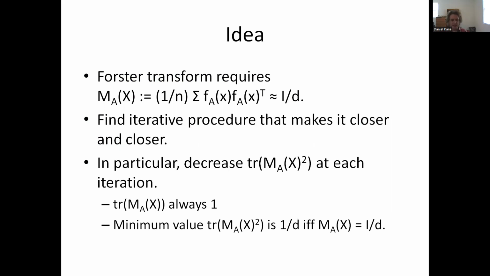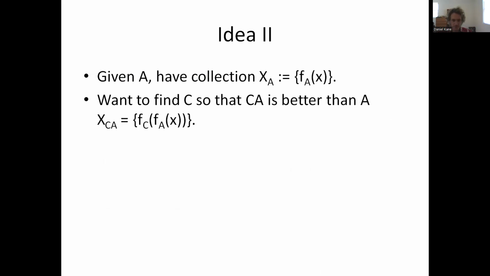The trace of the moment matrix is always 1, because your points have unit norm, and therefore the trace of their second moment is always 1. Given that, the minimum possible value of the trace of the square of this matrix is 1 over d, and that will be obtained if and only if the second moment matrix is identity over d. So if we can keep getting closer to that at every step, we'll eventually be close enough that we have our approximate Forster transform.